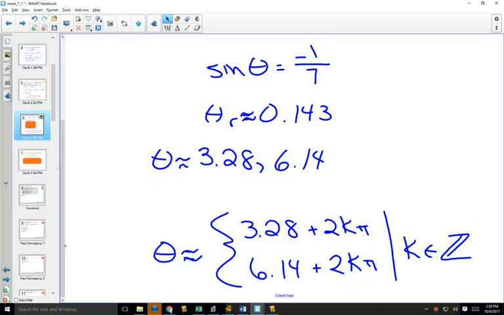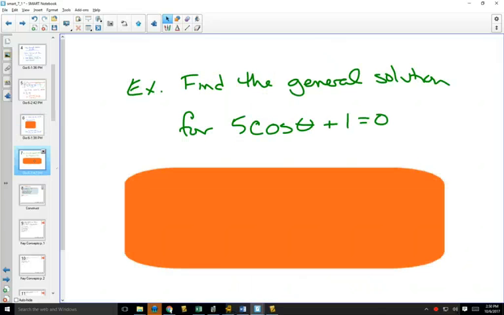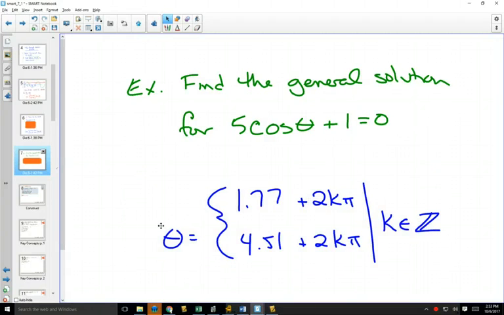Want to try one more? Find the general solution for 5 cos theta plus 1 equals 0. So you get cos theta equals -1/5. You would have then found your reference angle. Here, let's show the work in between. Cos theta equals negative 1/5.